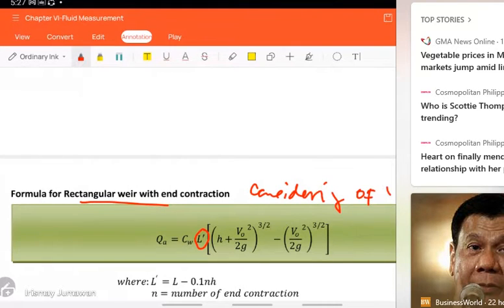As what I've said, most of the formulas here, ipang-derive jud na siya. Or ni siya gipang-derive. So, pwede niyo you try to learn how to derive formulas because there are some situations nga that formula cannot be applied.